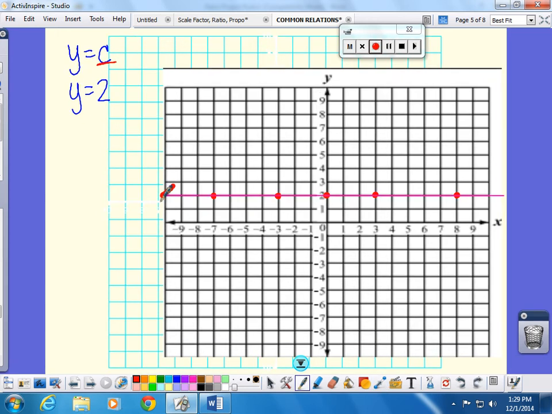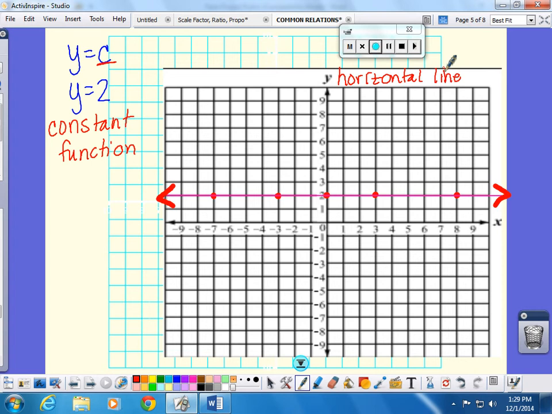That's it. Now, graphically, the equation is called the constant function. Doesn't matter what x is, y is constantly 2. The graph is a horizontal line.